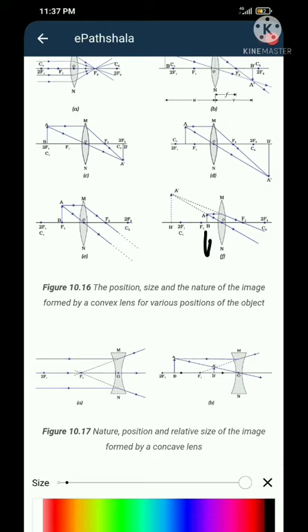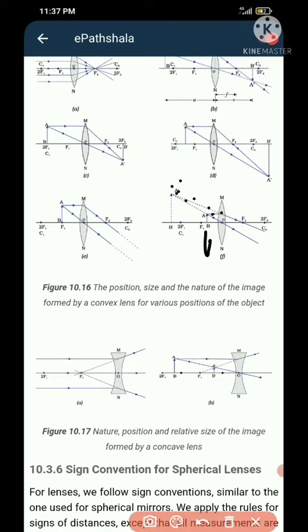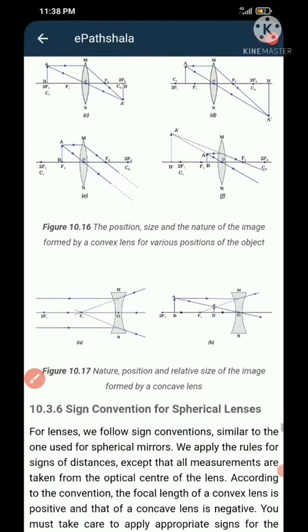When they appear to meet at the back side, it may meet. So here the image is virtual and erect, since the image is on the upper side, so it is erect also. In this case the image becomes enlarged, virtual and erect.